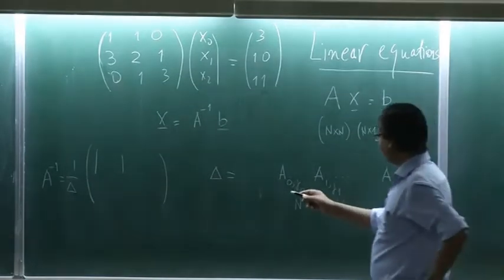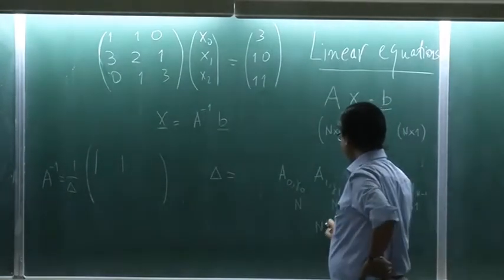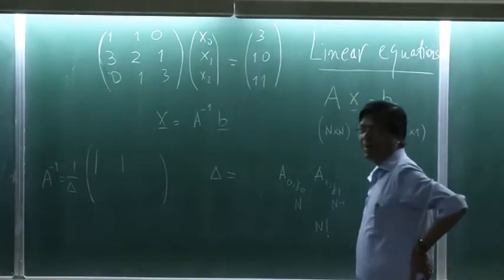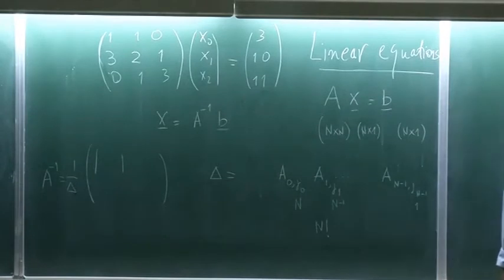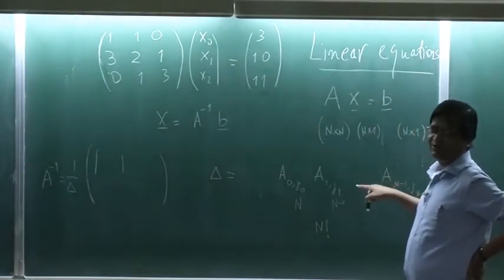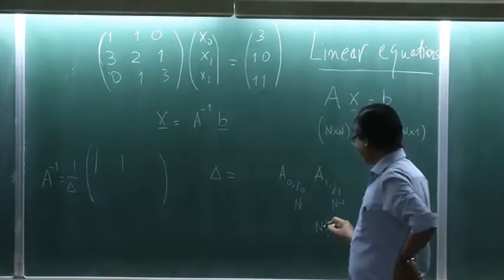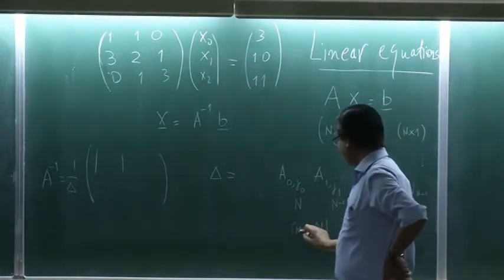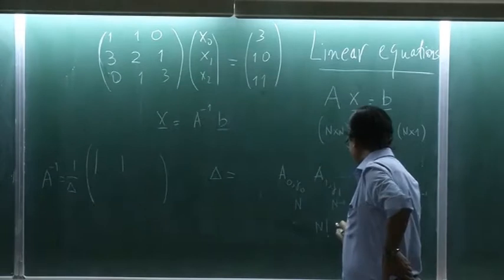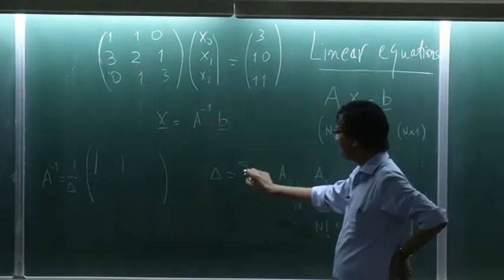So, the number of terms is n factorial, and each of them involves how many multiplications? There are n multiplications, which is n minus 1 multiplication. So, for each of them I have to do n minus 1 multiplications, and then I have to do the sum.